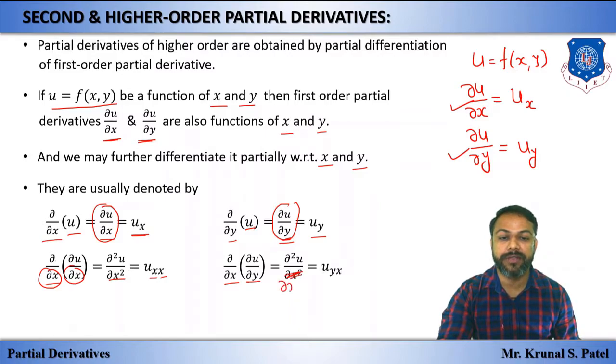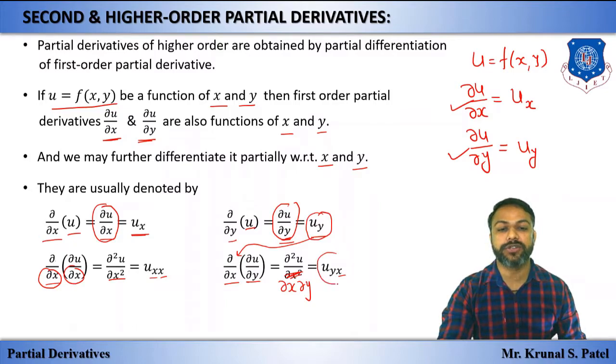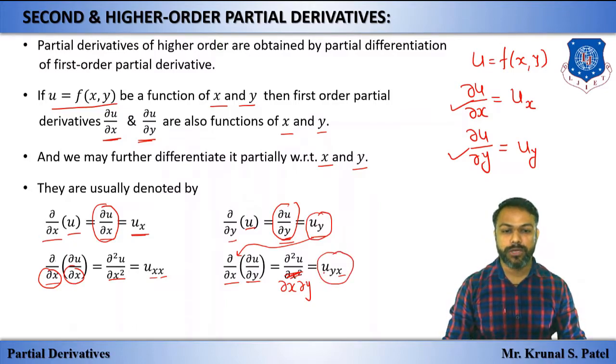We will write del x into del y like this, and we know the first order partial derivative del u by del y is given by uy, and we differentiate this term with respect to x, so x is multiplied here with y. So this is the notation for differentiation of u with respect to y first, then x second.